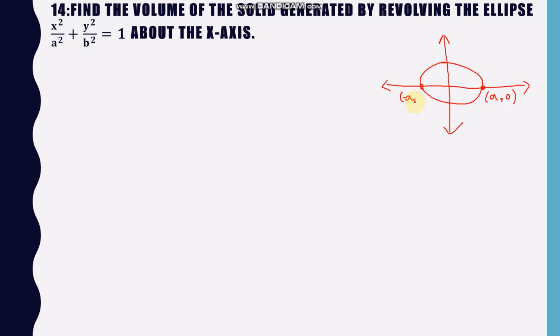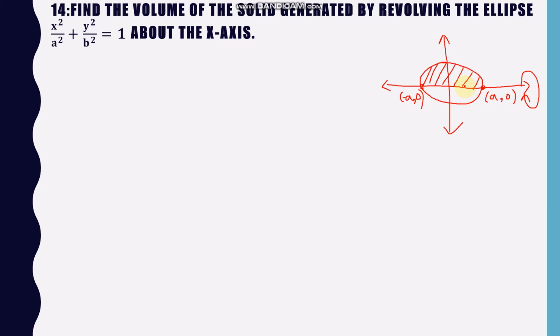We are revolving the ellipse around the x-axis. That means this region, this portion, is being revolved, and you will get a solid.